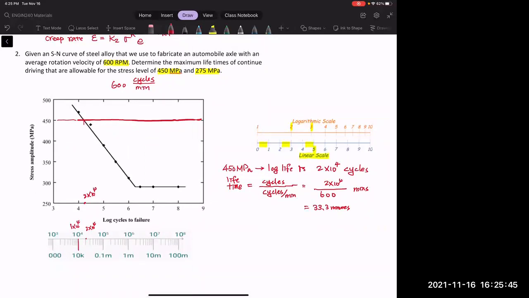The second case is 275. So 275 is just right below this line here. Okay, what does that mean?